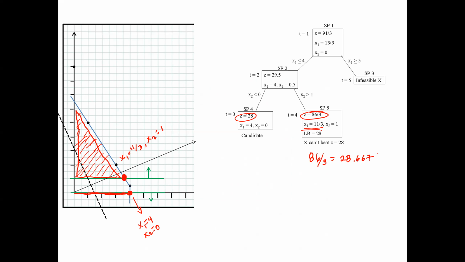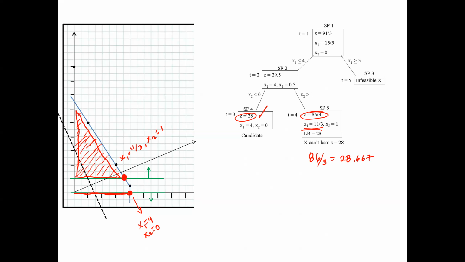What that means is if you were to branch on this node and find an integer solution, the best that you would be able to do is 28, which is equal to the solution that you already found. There's no purpose in searching for another solution to get 28 because you already found one. So we can conclude that we have found an optimal integer solution, and the objective function value is 28.